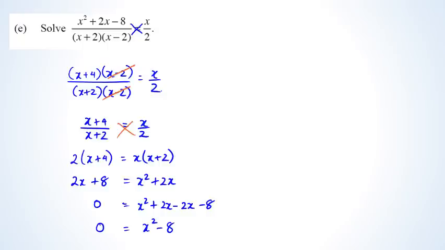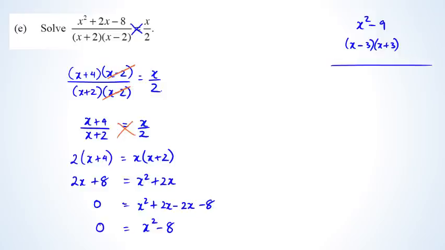Now, for those of you who thought you could do it with difference of two squares, when I say difference of two squares, I'm talking about this: you know how you have x squared minus 9? You can write this as x minus 3 and x plus 3 because it's the square root of 9.